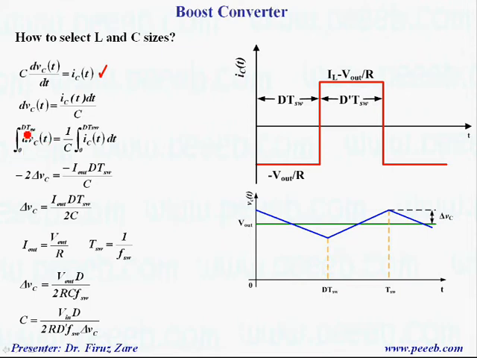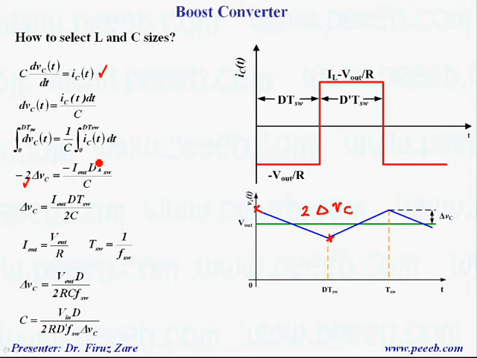from 0 up to DTs when the switch is on. If this ripple is delta VC, that means from this point to that point is 2 delta VC, which is basically here, and because the slope is negative, we have a negative sign here.